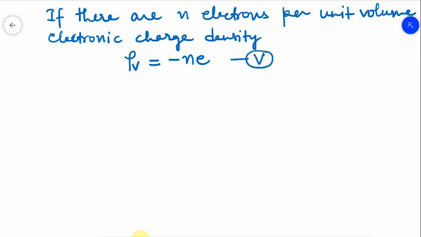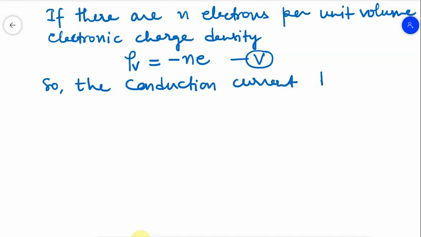Fine. So the conduction current density is given by J equals rho v into u.